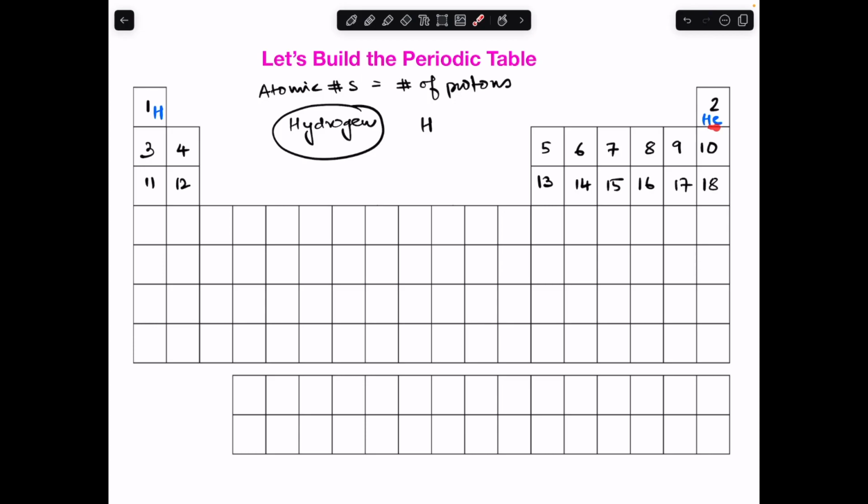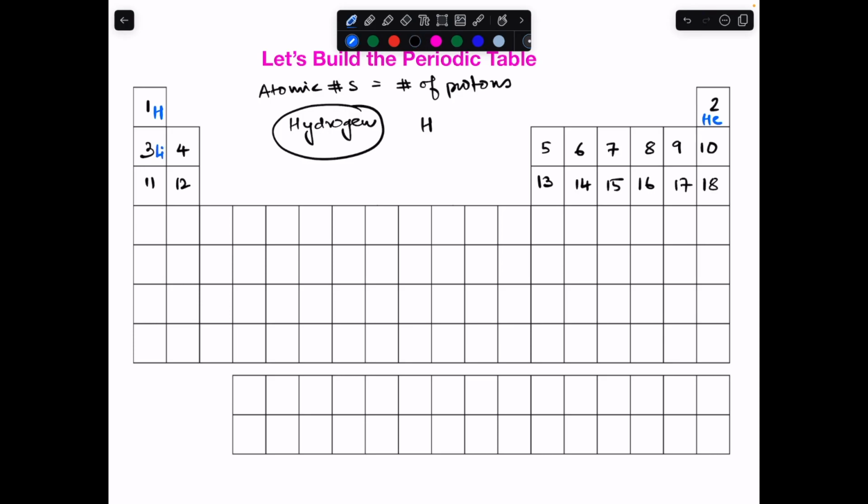So why did we choose to do that? Simply because if we chose H for both hydrogen and helium, then we wouldn't know which H stands for which. So we want to differentiate elements that start with the same letter. Using that logic, after helium, on the left we have lithium.